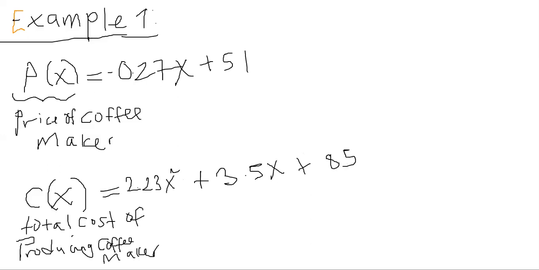So in this example, the x is nothing but the quantity, QTY in short, quantity of coffee maker produced.